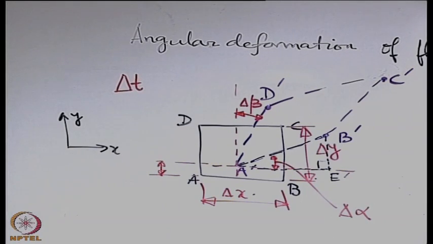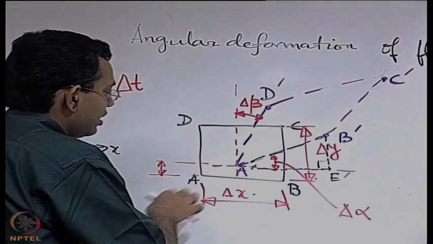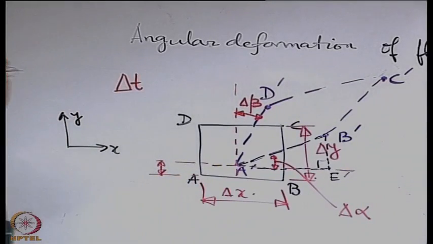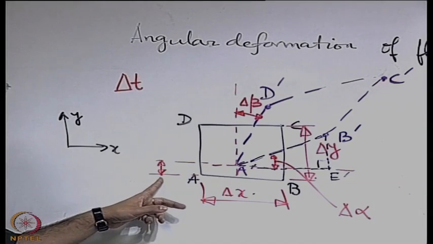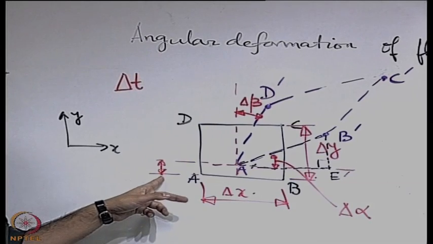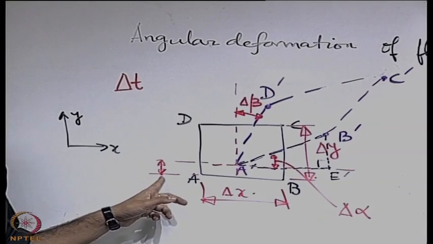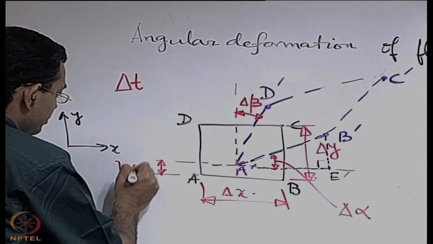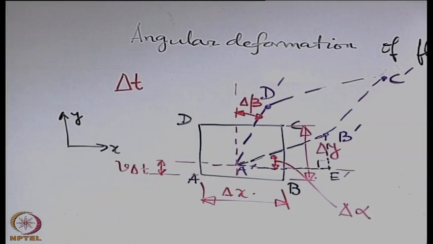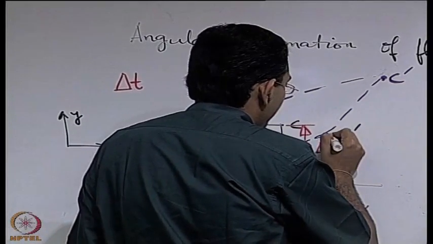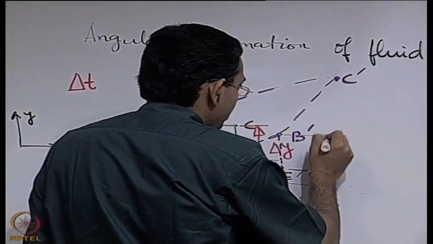Let us say that the velocity at the point A is given by the two components u and v. U comma v are the components of the velocity vector. So, at A, if you allow a time of delta t, what should be the vertical displacement? V into delta t. Next we try to find out the corresponding vertical displacement for the point B.